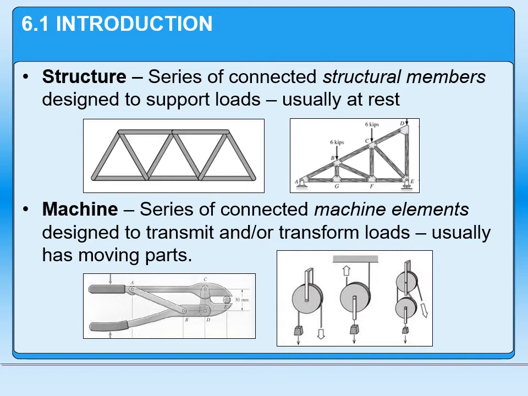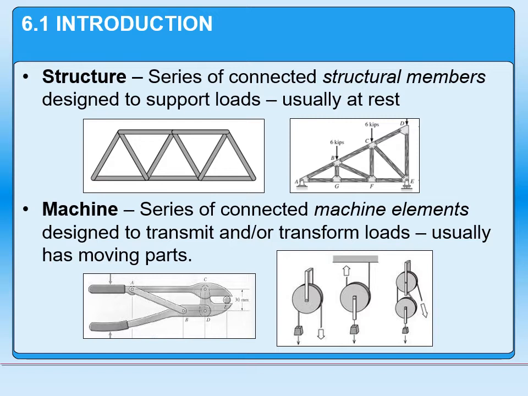On the flip side, if we take a look at machines, machines are made up of what we refer to as machine elements, and they're designed to actually affect the loads that are being applied to them. So they can transmit a load, perhaps moving a load from one location to another, or transform a load. For example, we see below here a set of pliers and a series of pulley systems.